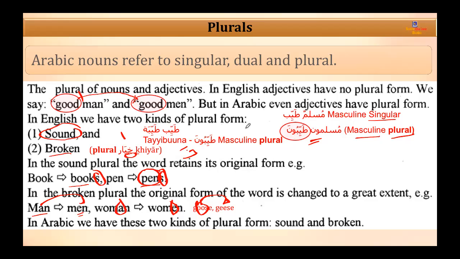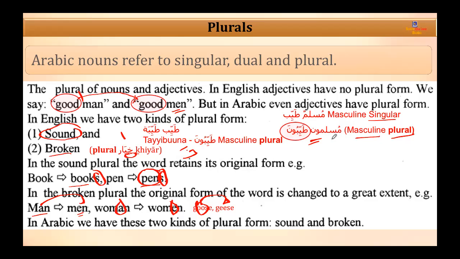Now, in English, notice how the good has not changed. Even though we're talking about men, which is plural, in English, there's no plural form of the adjective. You still use good. Good man, good men. But in Arabic, you have to make the adjective plural also.